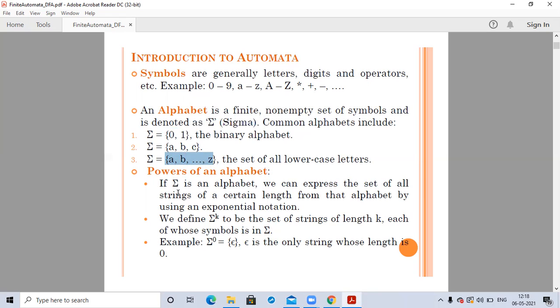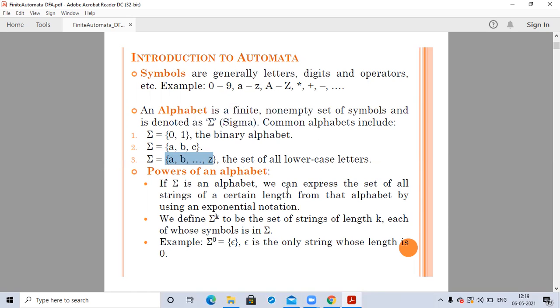Coming to the powers of an alphabet: if sigma is an alphabet, we can express the set of all strings of a certain length from that alphabet by using exponential notation. That means sigma power 0, sigma power 1, sigma power 2, and so on.